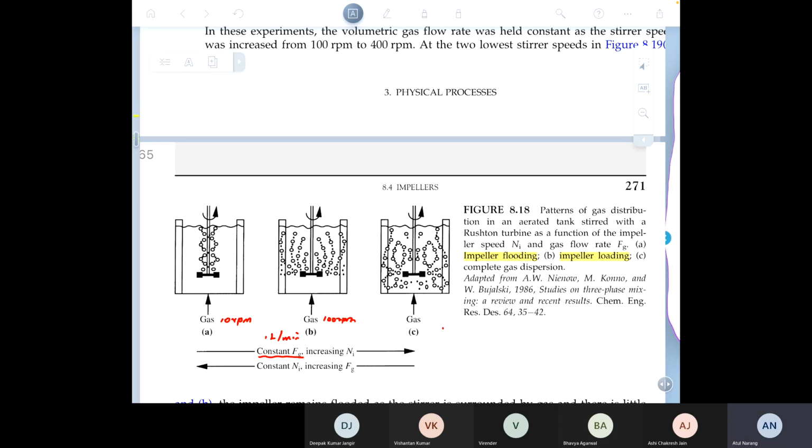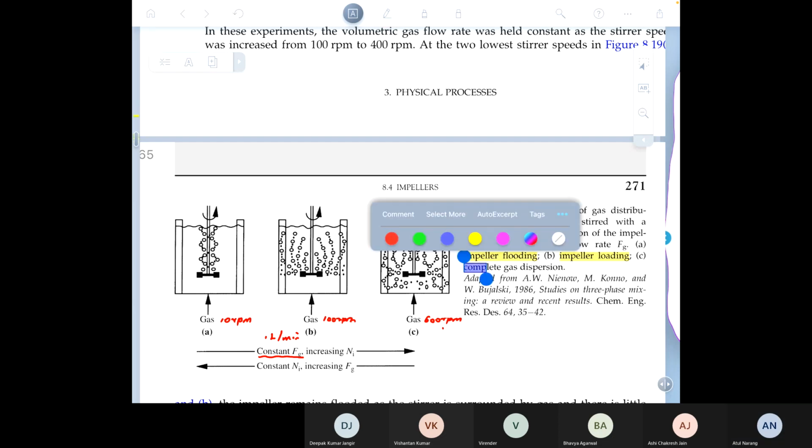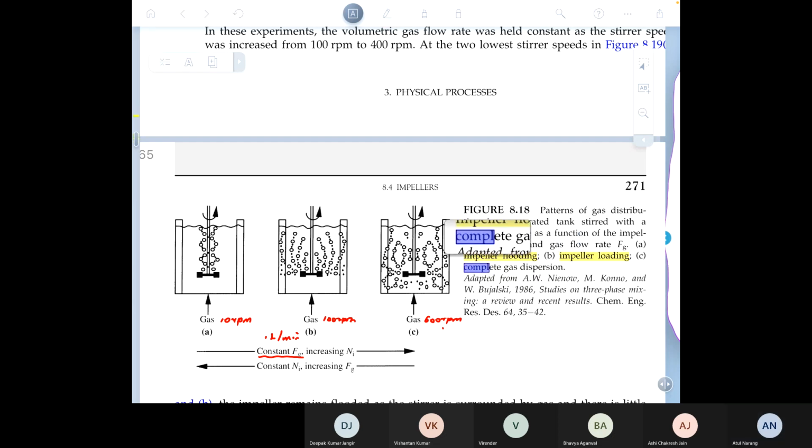And if you increase it to a still higher level, say 600 RPM, then you get the picture on the right where you get massive recirculation of the gas both above and below. And this desirable picture is what is called complete gas dispersion. So this is the third one. And this is where you want to be.